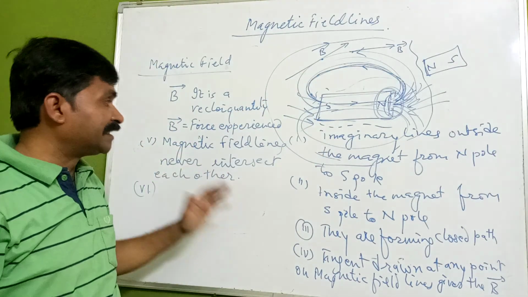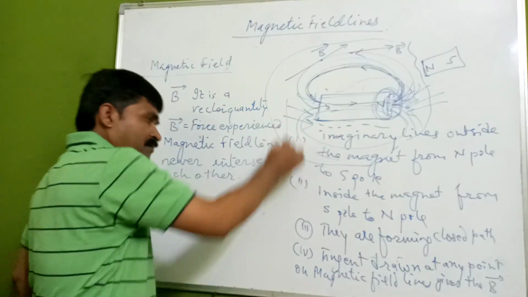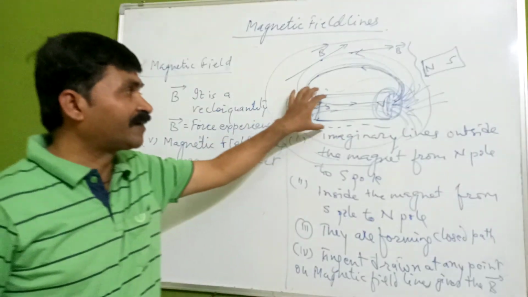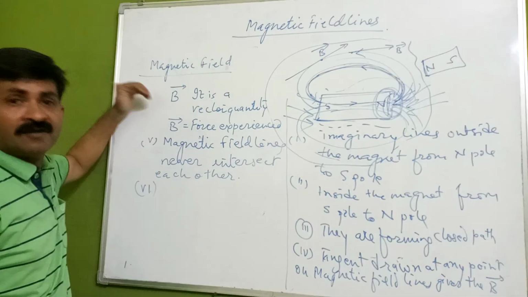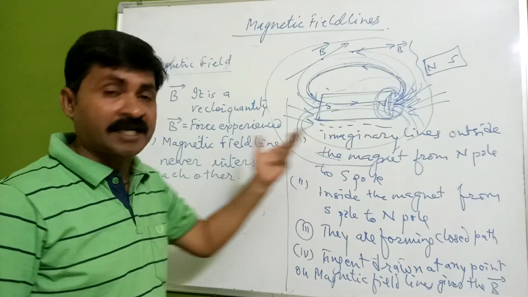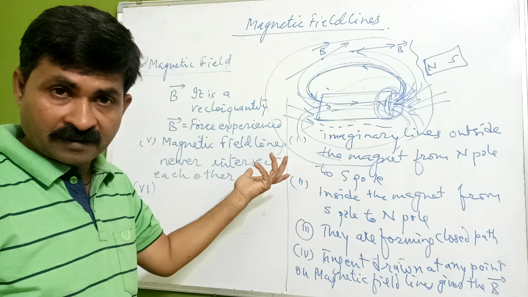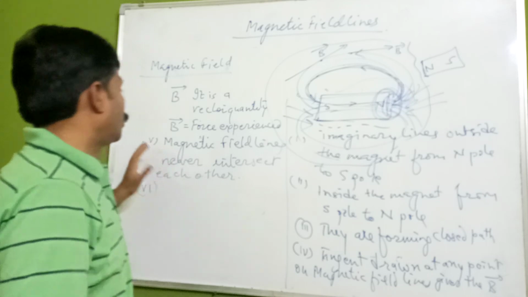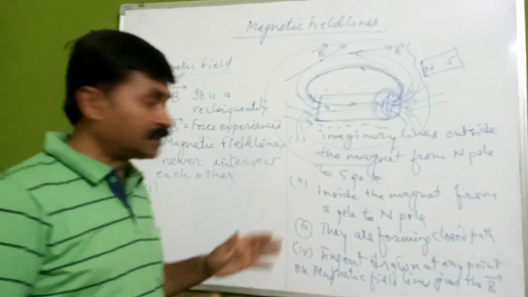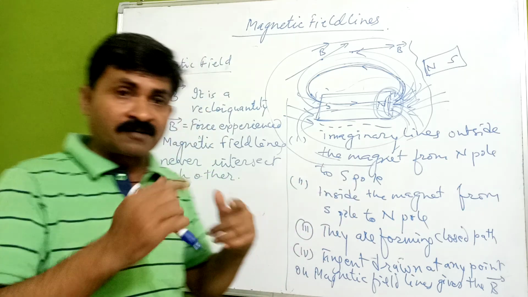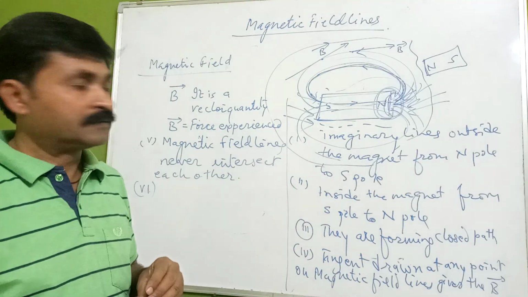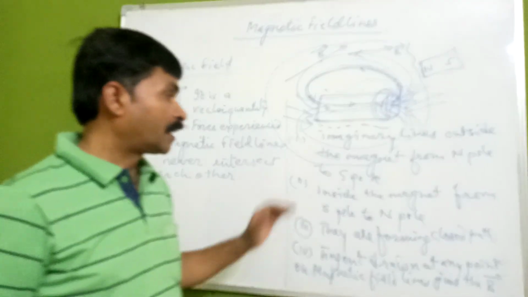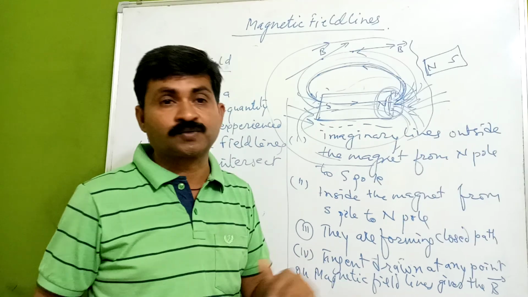Okay. So we have talked about magnetic field lines, how they are and what their effect is. If magnetic field lines are there, we get a magnetic field. What is the magnetic field? It is the force experienced by a pole, mostly considered in terms of the north pole. Magnetic field lines are imaginary lines moving outside the magnet from north pole to south pole, and inside the magnet from south to north pole.